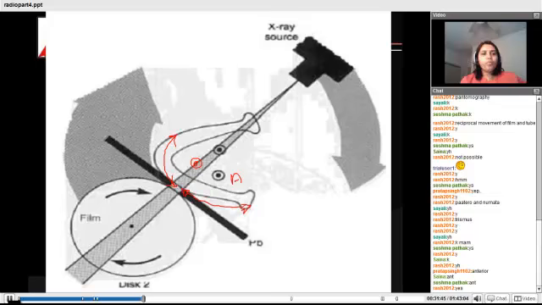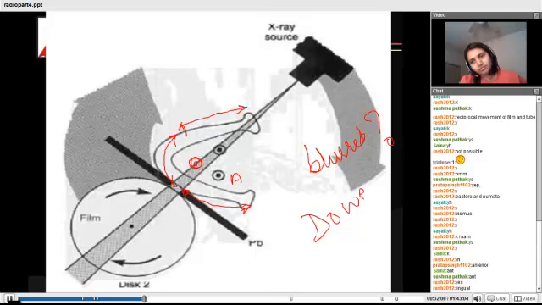Now probably we have focused the anteriors with this center of rotation, isn't it? Now again, do we get any blurred images? Do we still get blurred images in any particular zone?